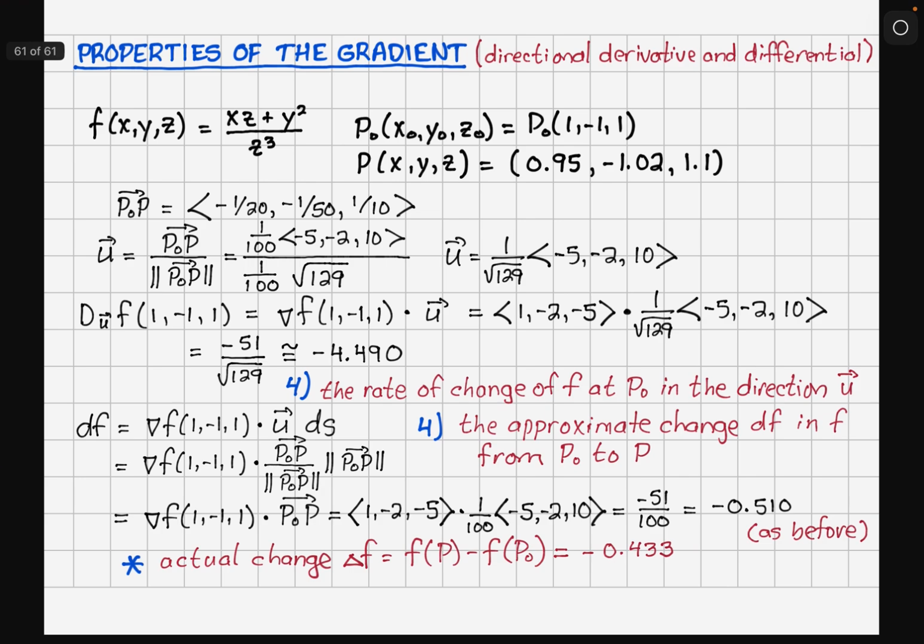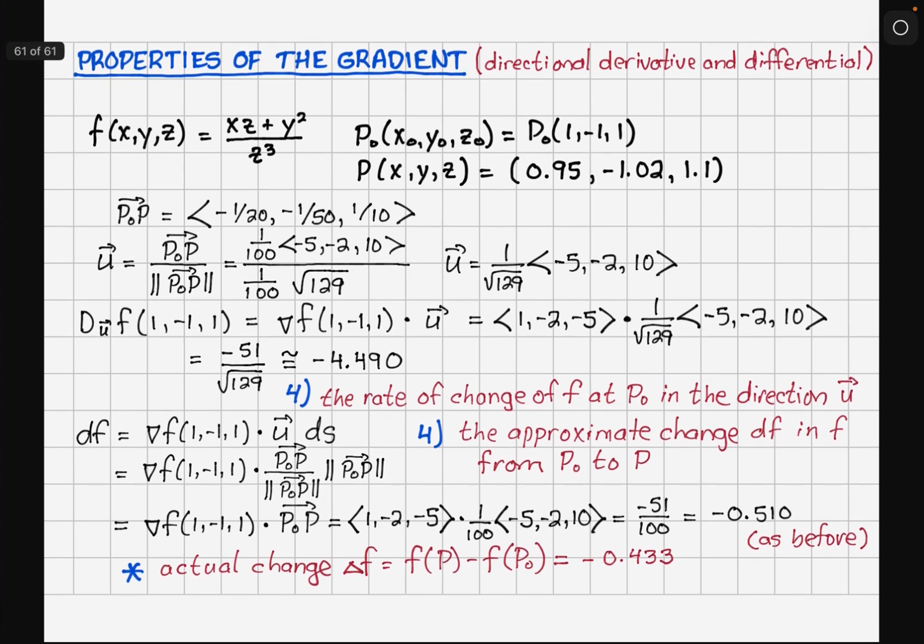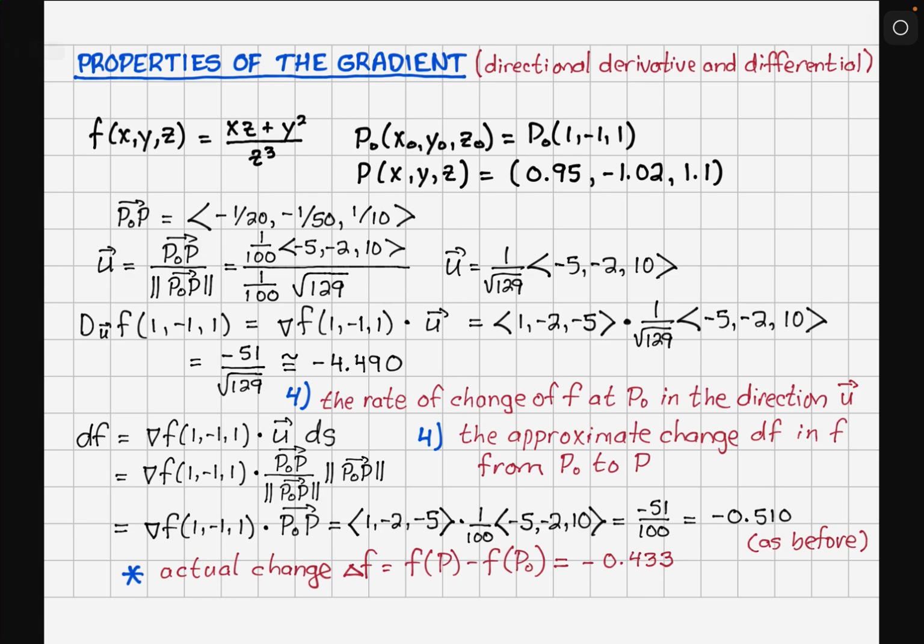Let's look at the directional derivative differential and verify that linear approximation in a different way. So again, the function xz plus y squared quantity over z cubed, and the base point (1, -1, 1), and a second point, (0.95, -1.02, 1.1).